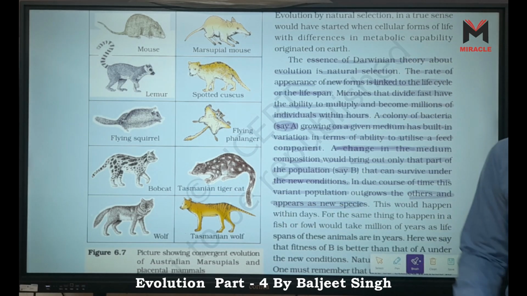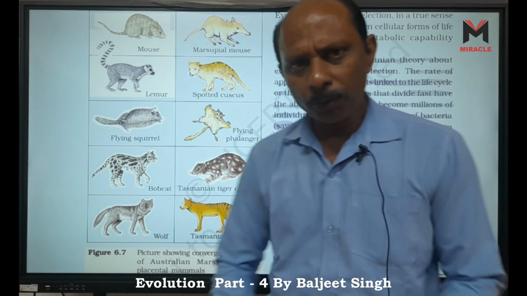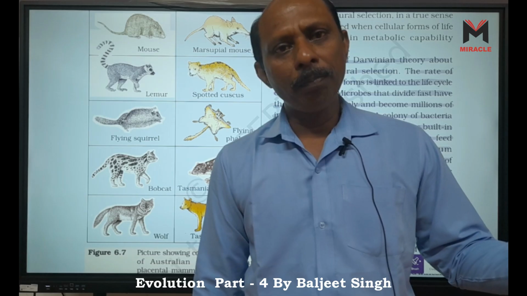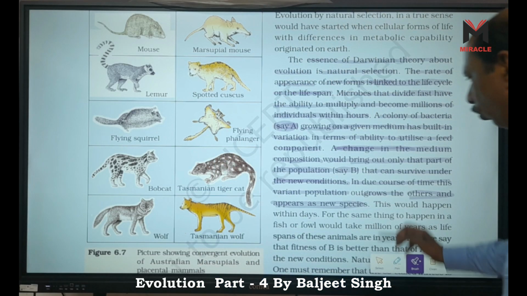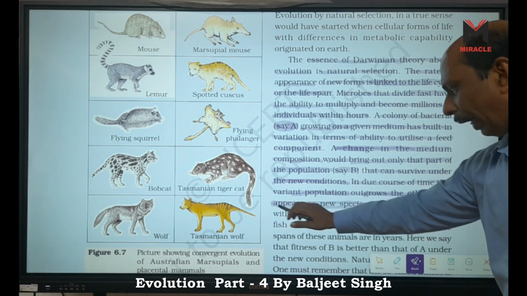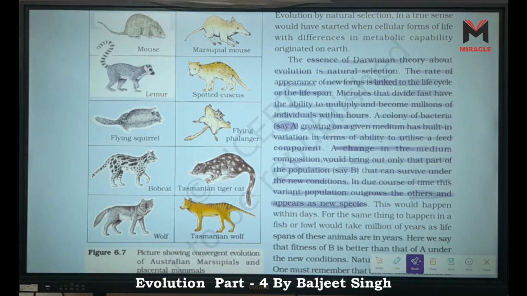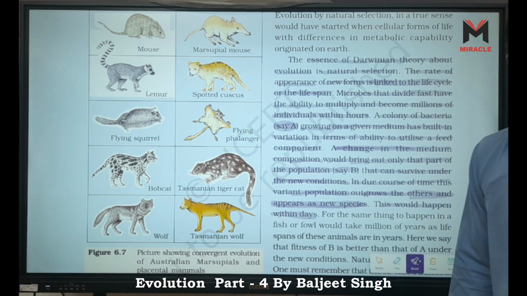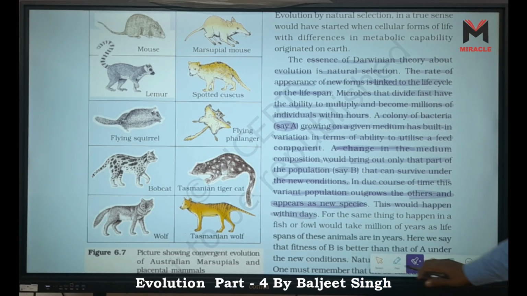In due course of time means after some time. For bacteria, not much time, but for humans or other large animals, it may be millions of years, right? So in due course of time, the variant population outgrows the other and a new species is formed. This would happen within days in the case of bacteria, microbes, right?